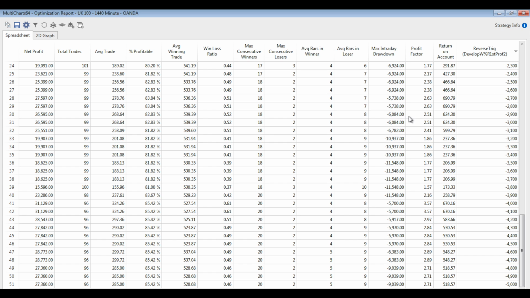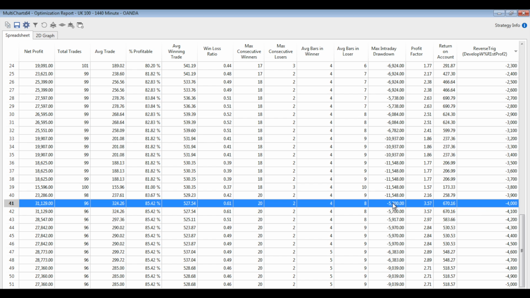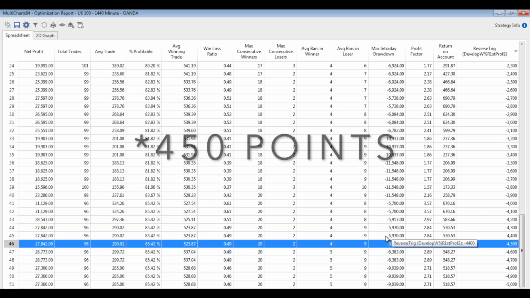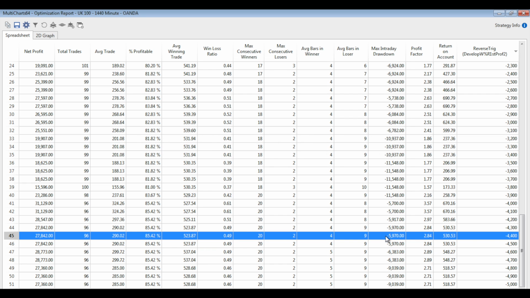And looking at the max intraday drawdown, I noticed that anything from around minus 400 points to minus 450 points kind of worked best to give us the least intraday drawdown while still giving us a reasonable amount of net profit. The net profit has reduced a lot and the size of the average trade has reduced a lot, but we have reduced that intraday drawdown as well. So let's try 440 points.